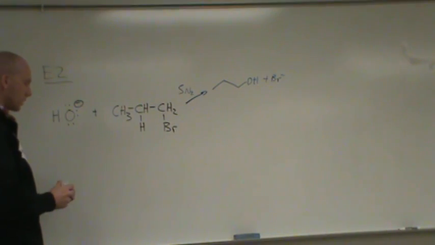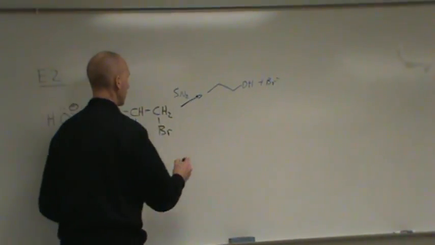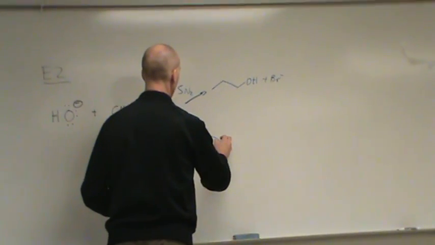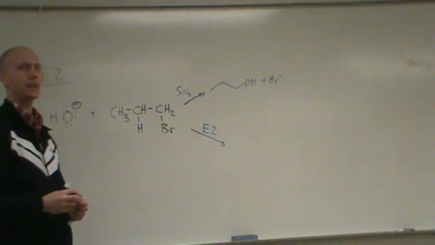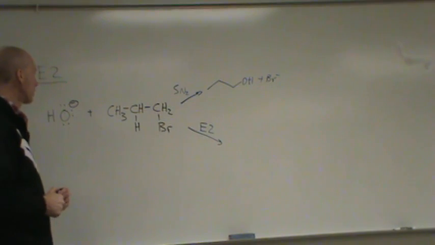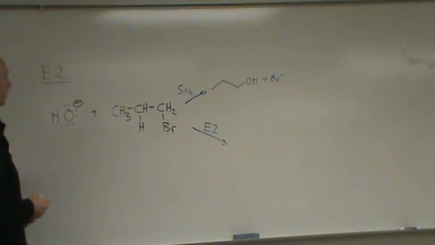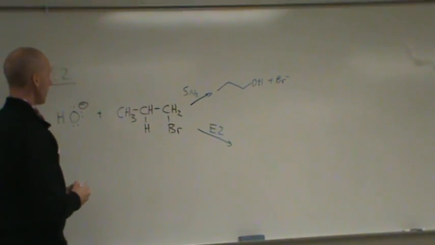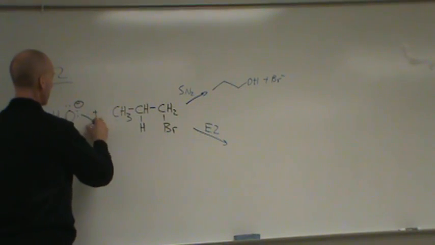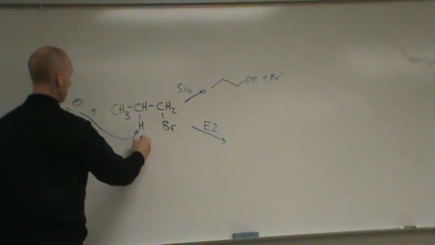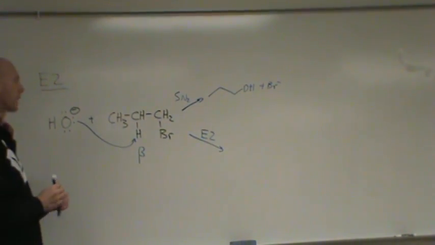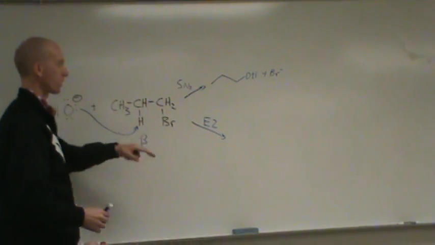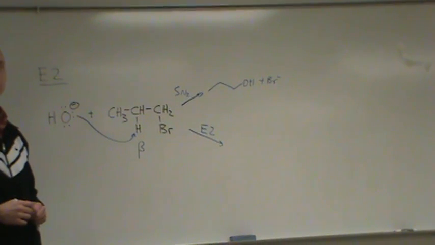So let's look at the E2. Okay. So just like for the E1, we attack a beta hydrogen. Okay, so it's beta because it's next door to the leaving group.